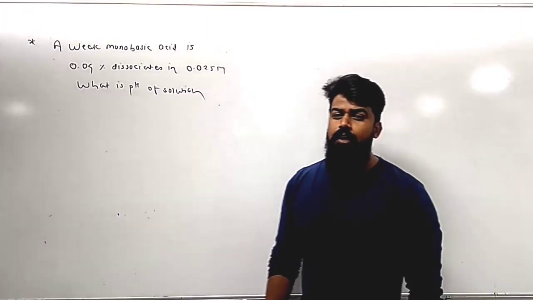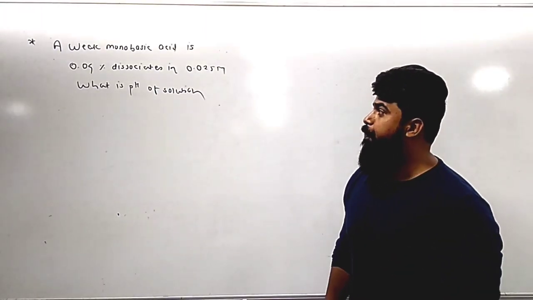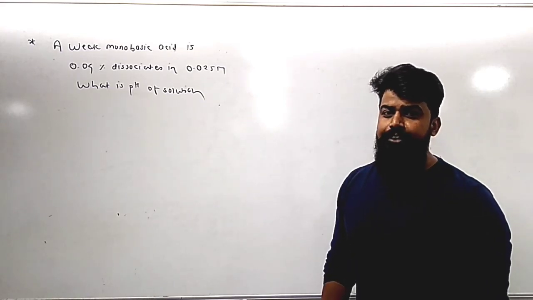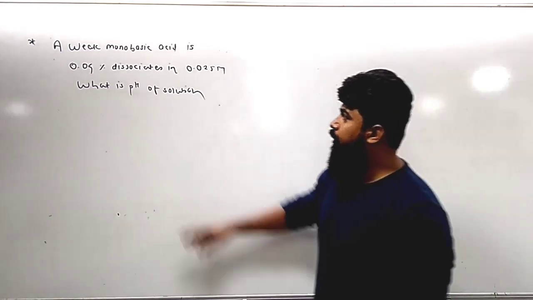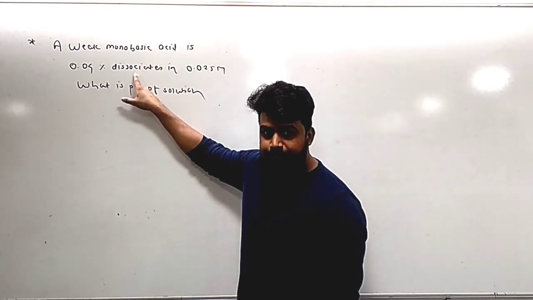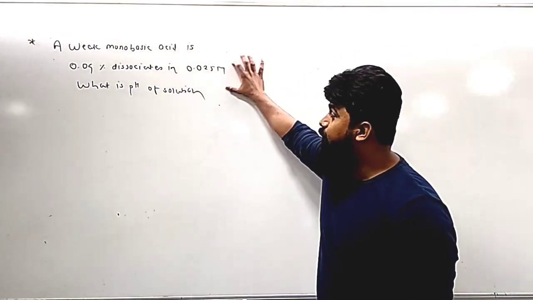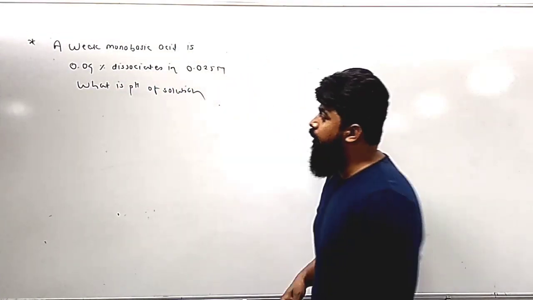So guys, let's talk about another kind of numerical in which we want to find the pH of the solution. But here we don't have the H plus ion concentration directly. We are told a weak monobasic acid has a degree of dissociation, that is percent dissociation, of 0.04%, in its concentration 0.025 molar.